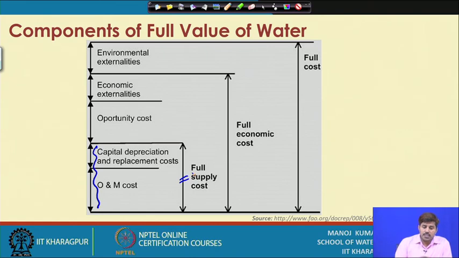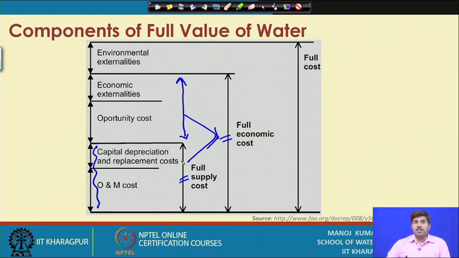When economic externalities and opportunity cost are added to the full supply cost, this gives us the full economic cost.